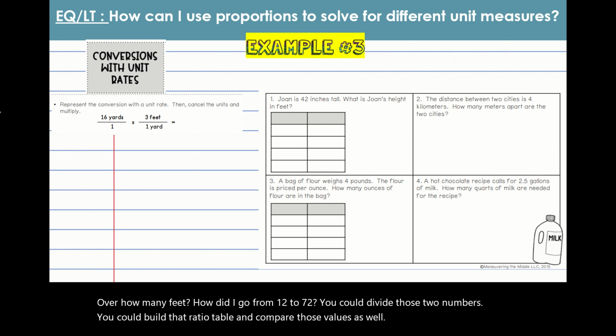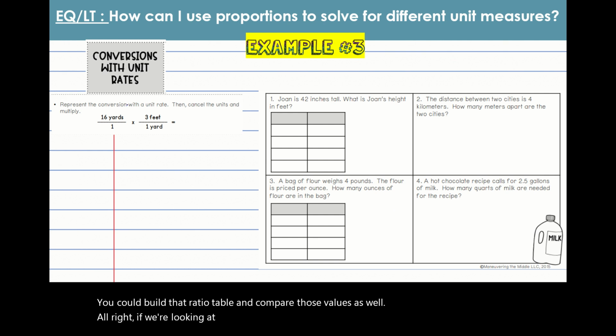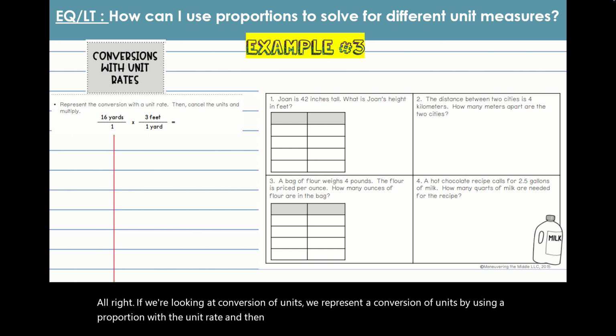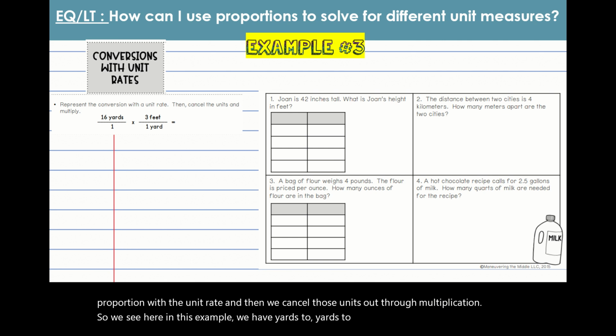All right, if we're looking at conversion of units, we represent a conversion of units by using a proportion with the unit rate, and then we cancel those units out through multiplication. So we see here in this example, we have yards to feet, 1 to yards.